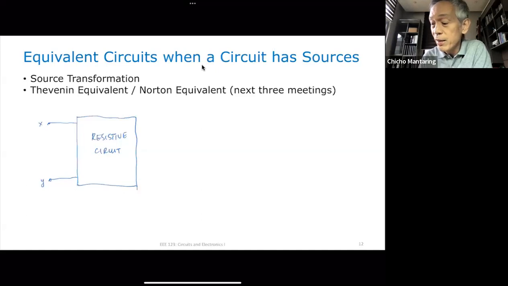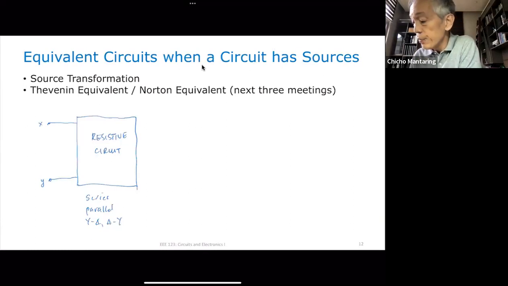Okay, so natutunan na natin yung mga series combination, parallel combination, and then yung Y to delta and delta to Y. That's to reduce this into an equivalent circuit, which will simplify now the analysis of the entire circuit, when finally this is connected to where we want to connect it to.